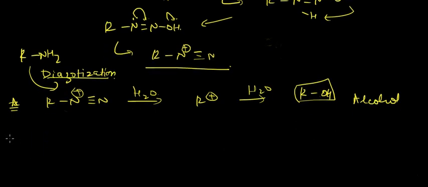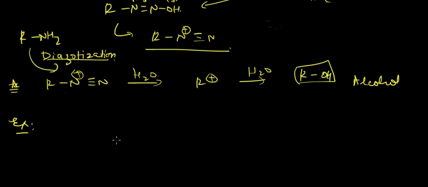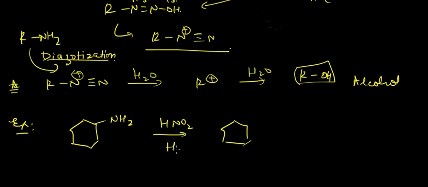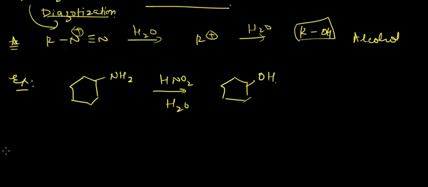So let's take more examples on the same. So we have NH2 here. Okay, and when it reacts with again HNO2, obviously we are hydrolyzing it, so the final product we'll be getting would be a 2-degree alcohol. Okay, again we are getting something like this, NH2 in presence of HNO2.